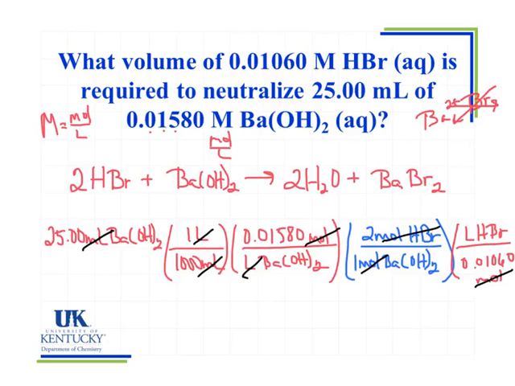Now I can do the calculation, and what I end up with is that my volume of HBr is going to be 0.07453 liters, or I can write that as 74.53 milliliters. Again, it's about making sure that our units cancel out correctly.